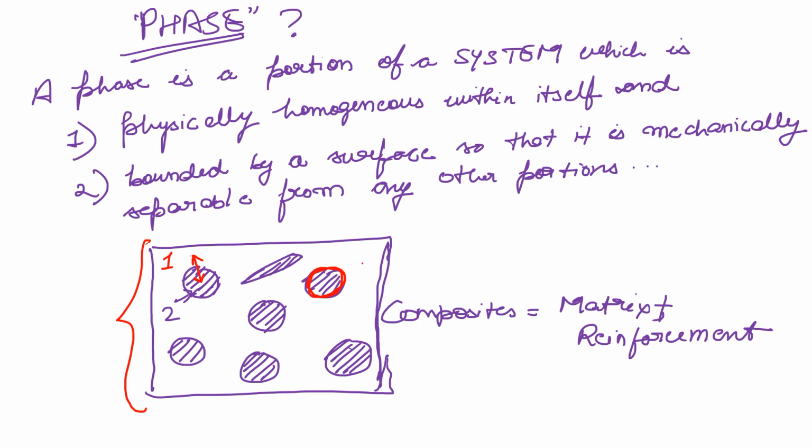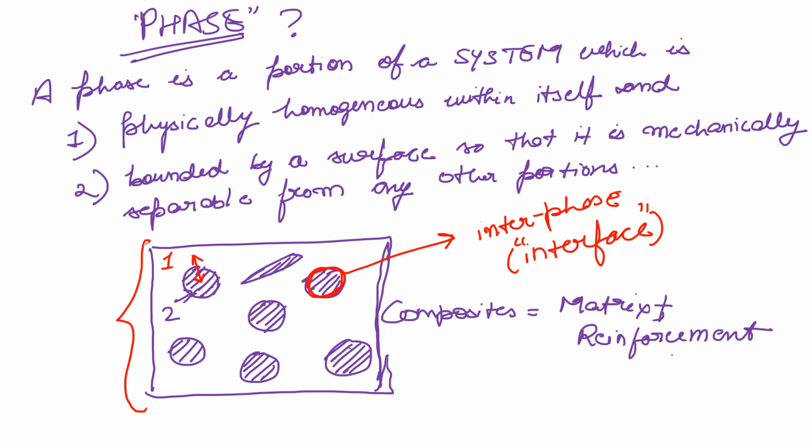This is how we can distinguish them mechanically, either by optical micrographs or by certain other mechanical processes. We can see that one phase is separable from the other phase, and this is the region that we call the interphase, and for all practical purposes we summarize it as interface. It's nothing but the interface between the two phases, the boundary.